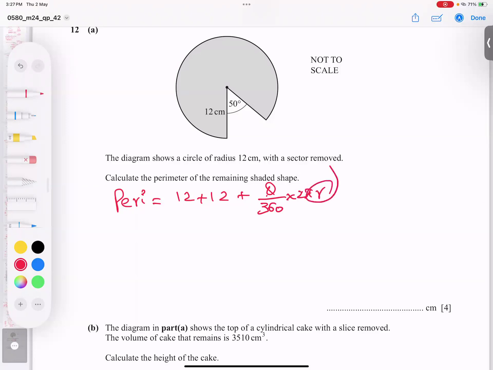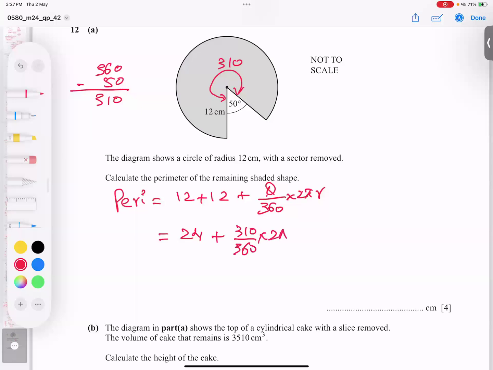The problem is, radius I have, but theta is, can I use this angle theta? No way. We need this angle. So from 360, subtract 50, I get 310. So this is 310. So this becomes 24 plus 310 over 360 into 2 pi 12.